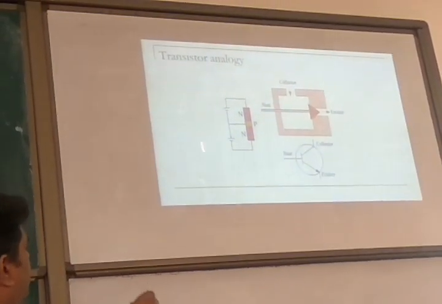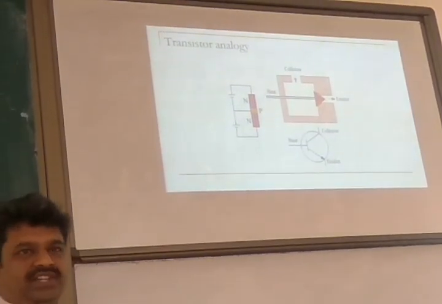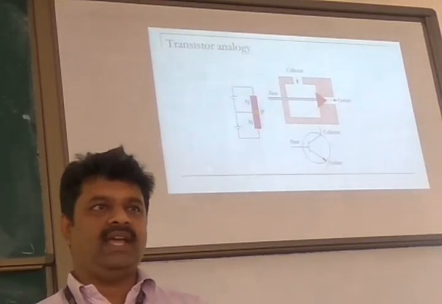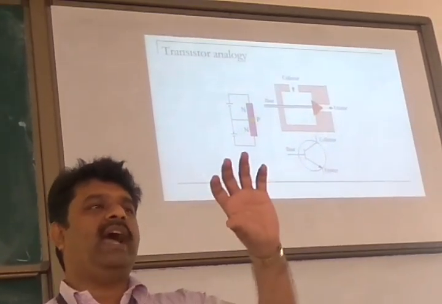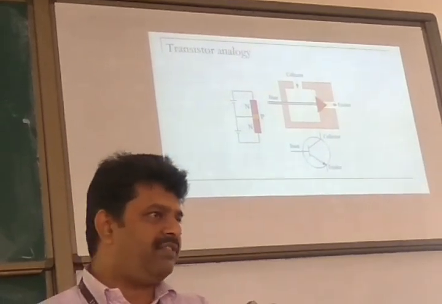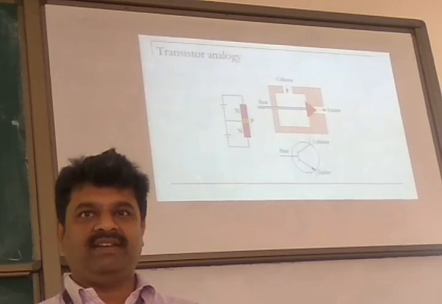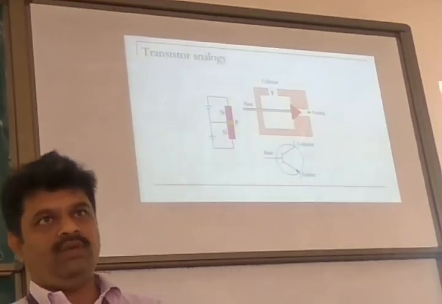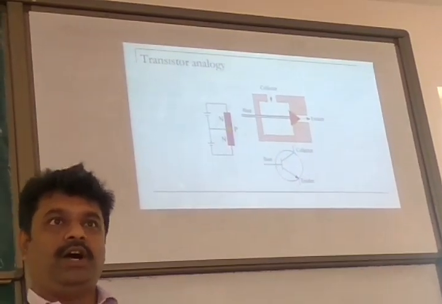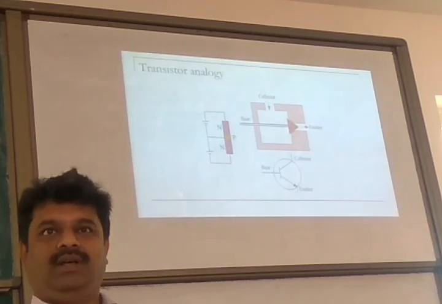So the beauty of the working of this device lies in this configuration. You have P, N, P or N, P, N, anytime you take, one half is in forward bias, the other half is in reverse bias. When potential difference is increasing, forward bias is going to allow more current, reverse bias is going to allow less current.